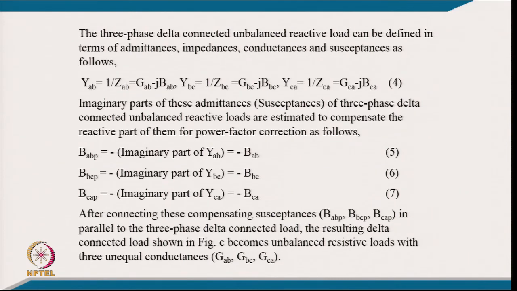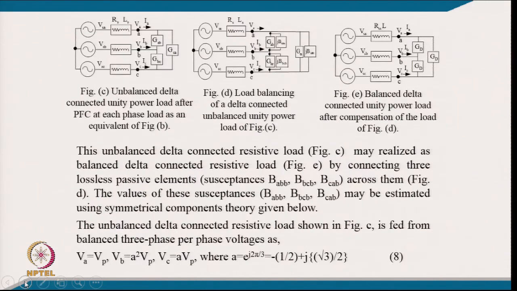After connecting these compensating components in parallel to the 3-phase delta connected unbalanced load, the resulting delta connected load shown in the figure becomes an unbalanced resistive load with the unequal conductances GAB, GBC and GCA. Now it becomes a kind of resistive network of unbalanced load, and you can see in this figure that we have all the 3 conductances equivalent to a resistive load, but an unbalanced load on a 3-phase 3-wire system.